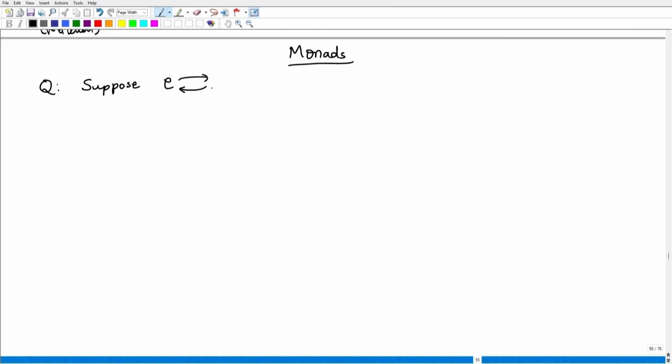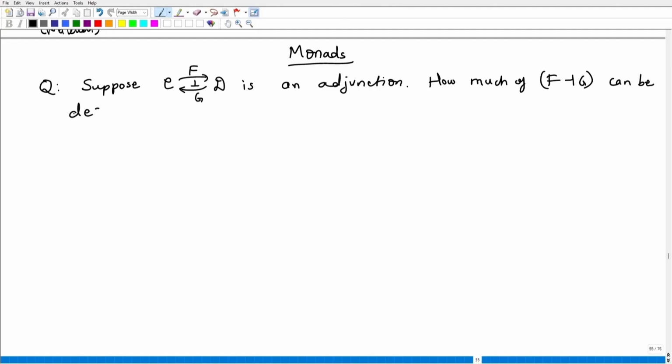So suppose this is an adjunction, how much of this adjunction can be described without referring to category D, or mentioning category D?